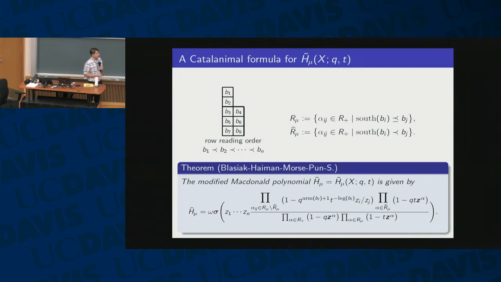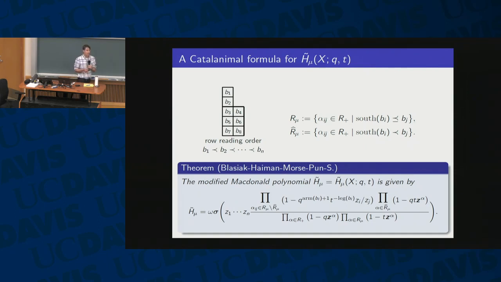So we see that, once again, if we just look at the t factors, this is the same t denominator factors as in the modified Hall-Littlewood case. And then in the denominator for the other term, the q denominator terms, we just get a full root ideal. This is just over all positive GL_n roots. And then the R_mu and R_mu hat, their interplay comes in together in this numerator term.